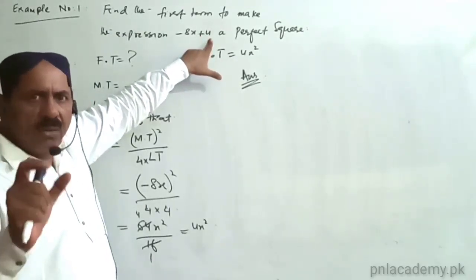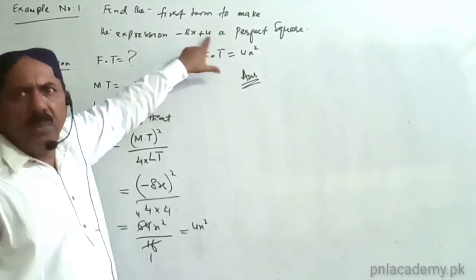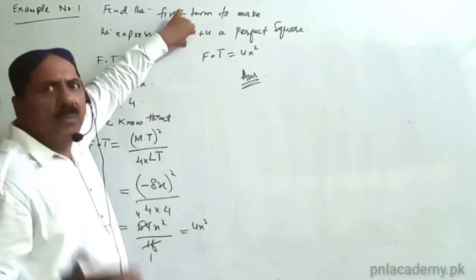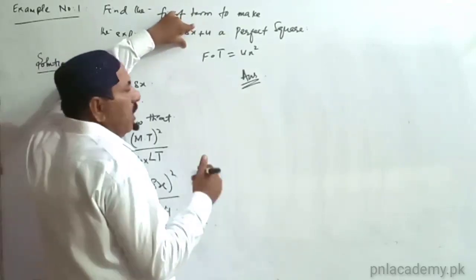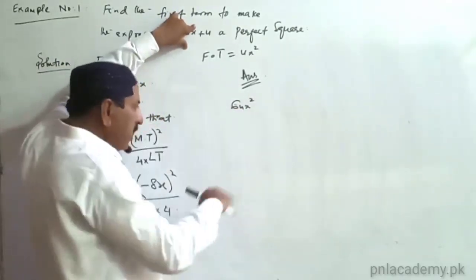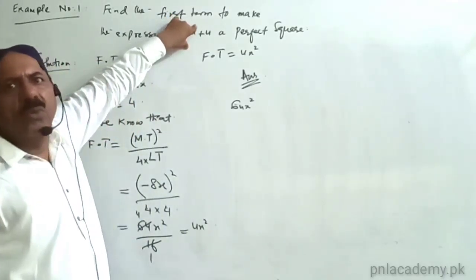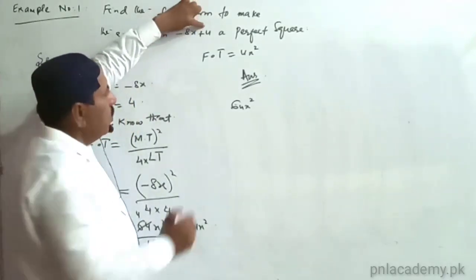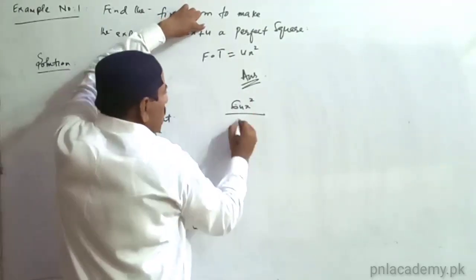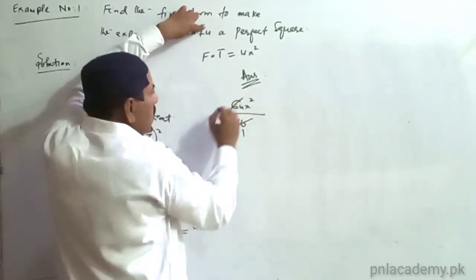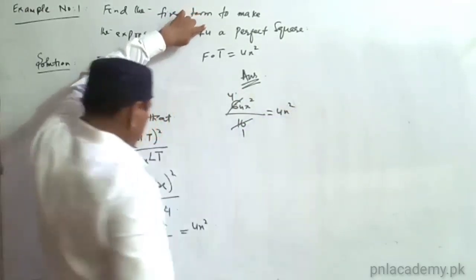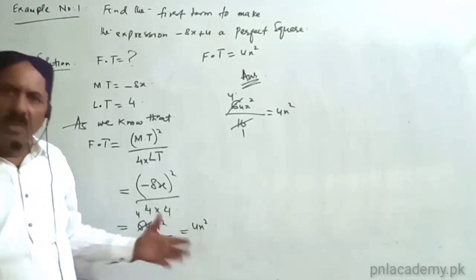For finding the first term, there should be the middle term square, meaning the square of the middle term, 8x whole square, which will be 64x square, divided by 4 into the last term. The last term is also 4, and 4 into 4 is 16. 64 divided by 16 is 4. So in the MCQ, where you find 4x square, the result should be correct.